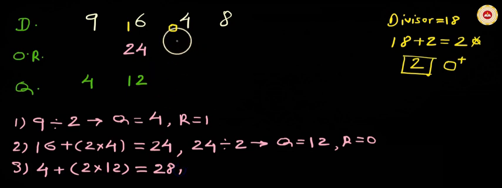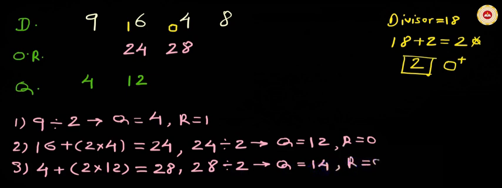Okay, now this 28 is the second osculation number. Now 28 divided by 2 gives us quotient 14 and remainder 0. So write quotient 14 in the quotient area and remainder 0 as a prefix to the next digit, the last digit, which is 8 in the dividend.